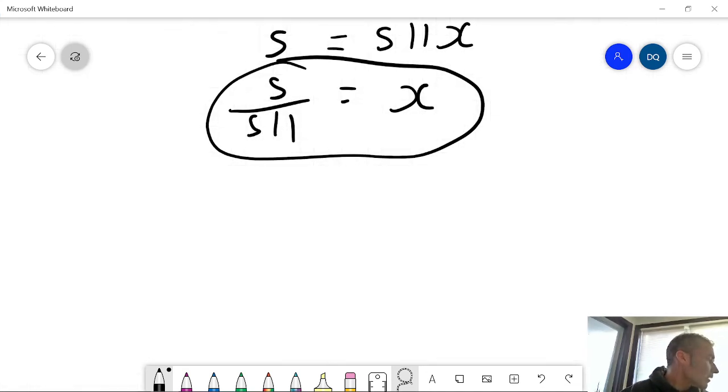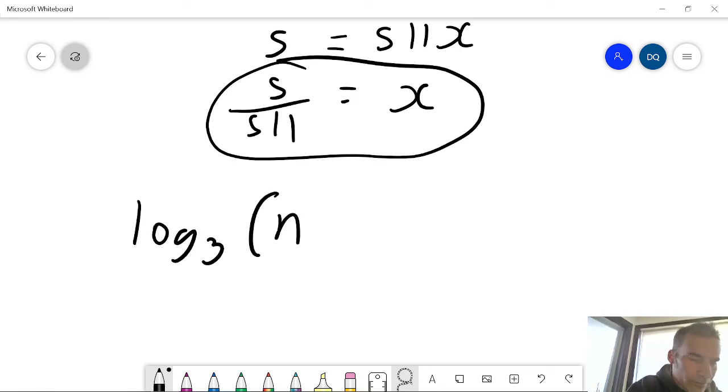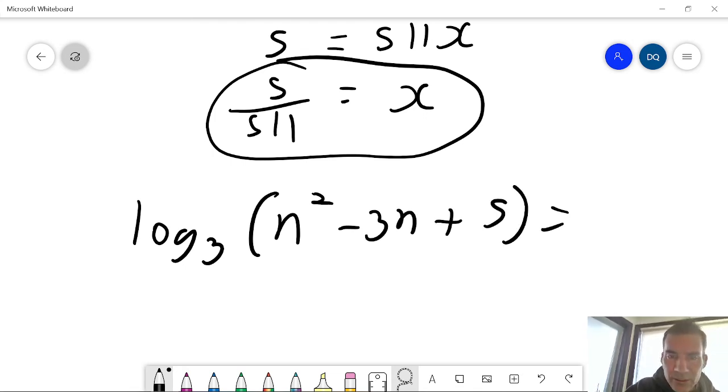Okay, I'm going to find one last example for you here. The log base 3 of n squared minus 3n plus 5 is equal to 2.